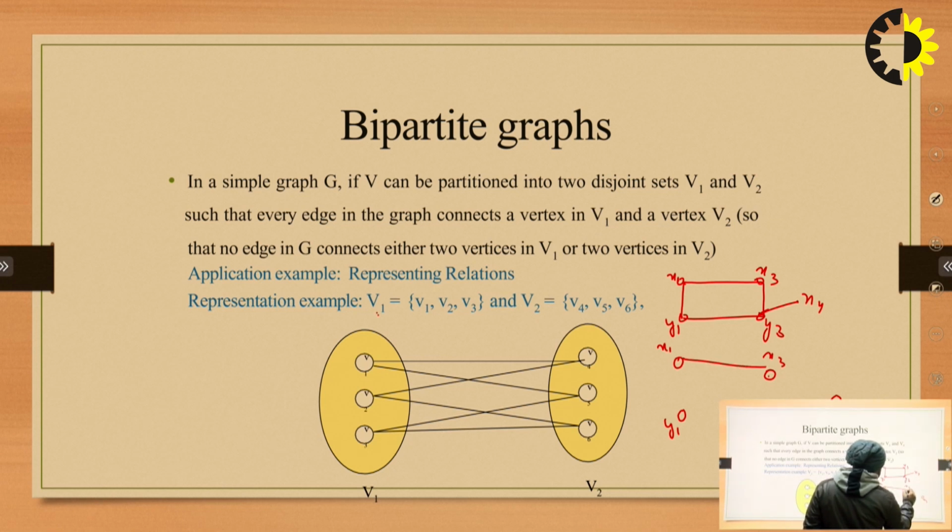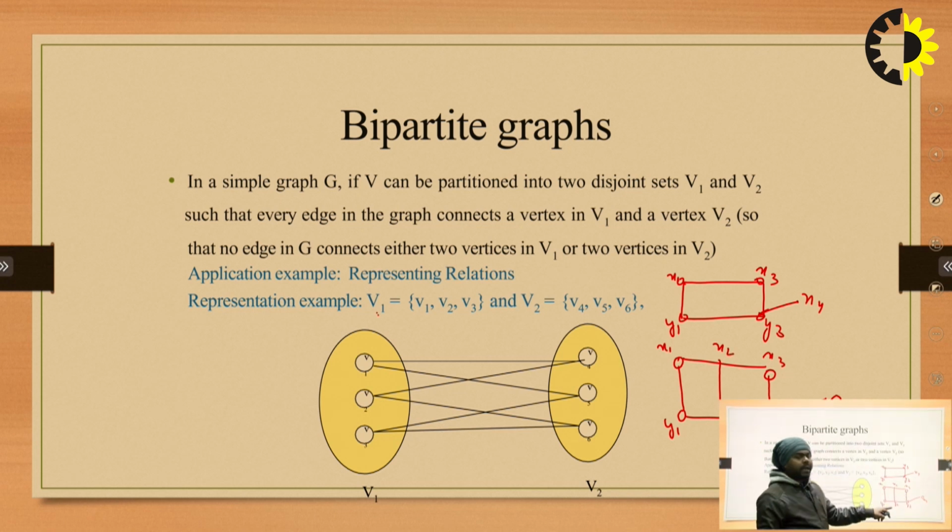So this is connected. So we are partitioning this graph for x2 and y2. Now the bipartite graph says that we can't connect the adjacent edges. We have to connect for this.